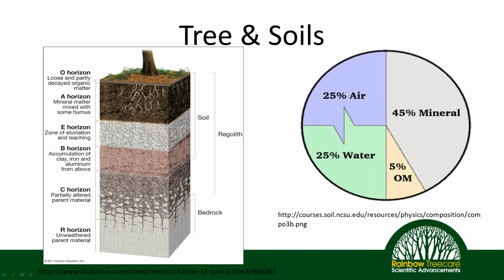So our macro pore space we want basically filled with air, and our micro pore space we want basically filled with water. Our roots can take advantage of the water and the soil solution, and of course, most all living cells require some kind of oxygen for respiration. So this is what our ideal soil looks like. As we go on through this conversation, I'll ask you to think about the soils that you are commonly dealing with.